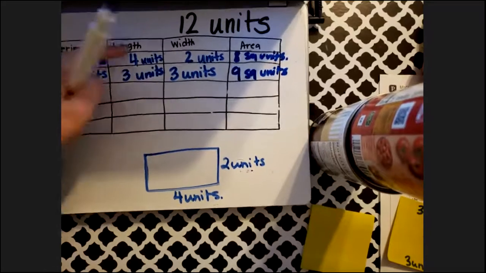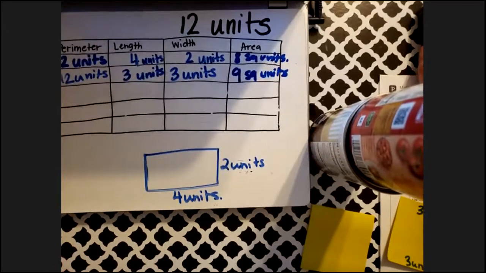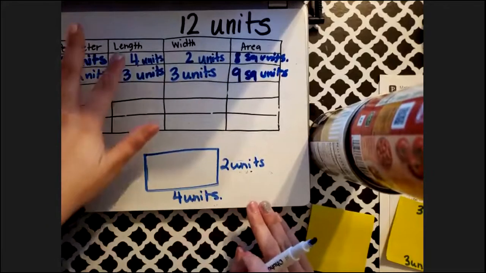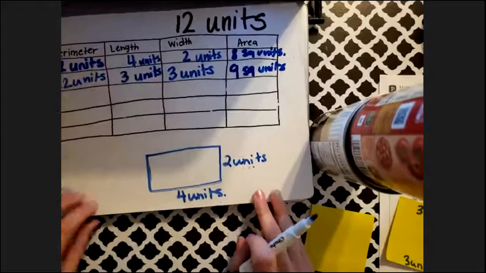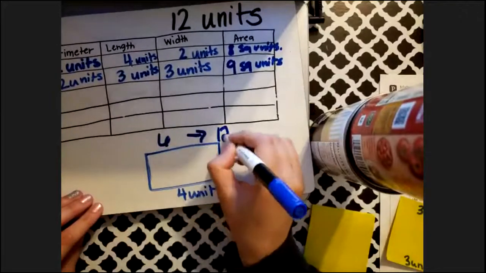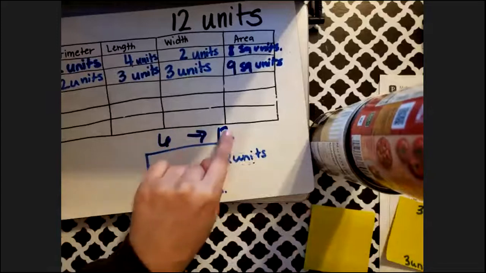So what's 4 plus 2? 6. What's 3 plus 3? 6. The reason why I keep telling you to look at this pattern is because these would both equal the same thing. Now, how do you get from 6 to 12?